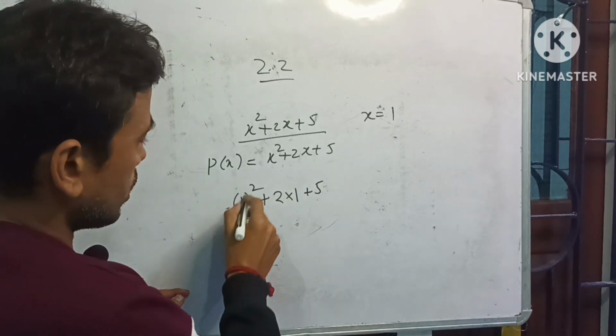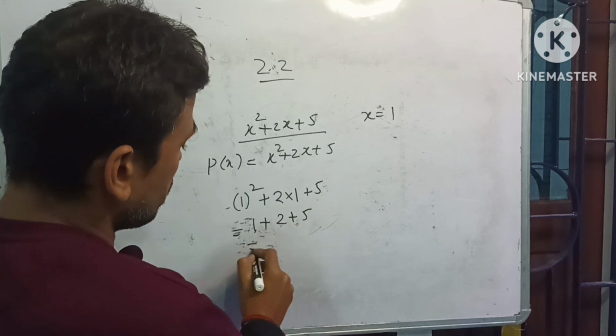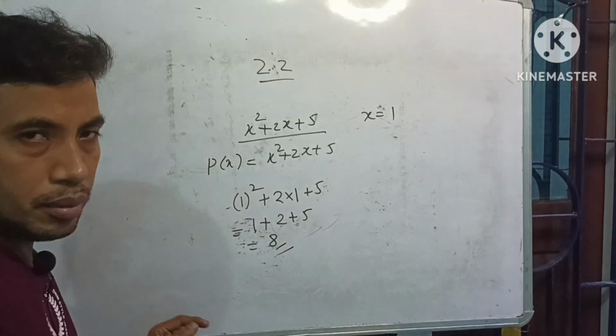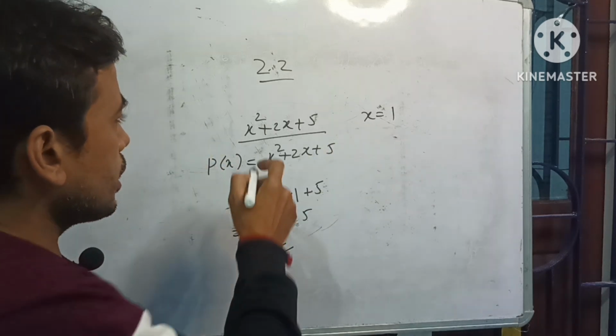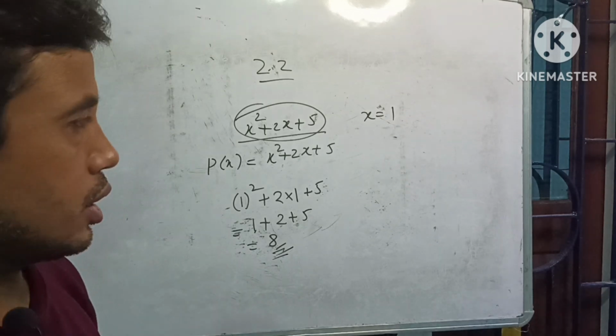So what do we get? 1 squared means 1, 2 into 1 is 2, plus 5. That means 2 plus 1 is 3, 3 plus 5 is 8. So if x is equal to 1, the value of this polynomial is 8.